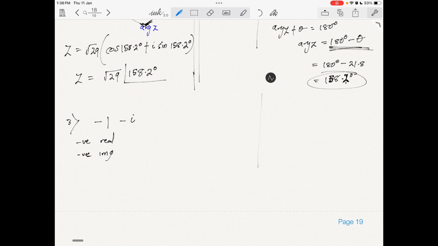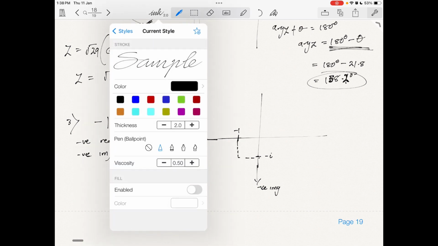So with respect to that, we can draw an Argand diagram for it, with the negative imaginary and also the negative real. So this is minus 1 and this is minus i, minus 1i as the case may be. So we draw our Argand diagram.